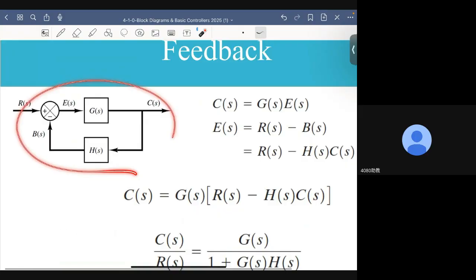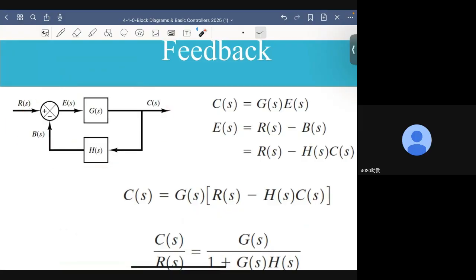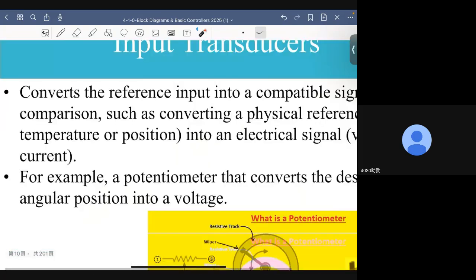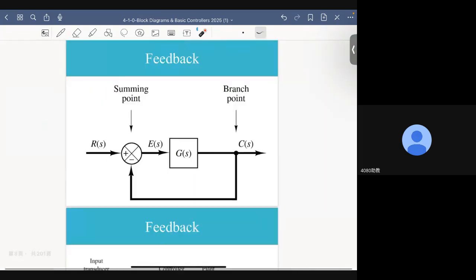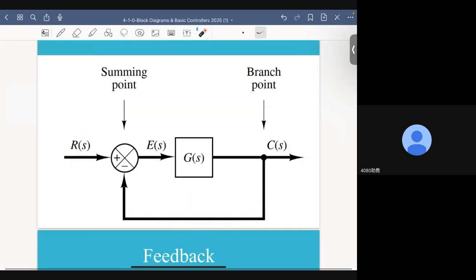This is a simplified version of a feedback control system. This is not a unity feedback system. If it were a unity feedback system, then H would be equal to 1. In comparison, this is a unity feedback system. So there is a difference there.